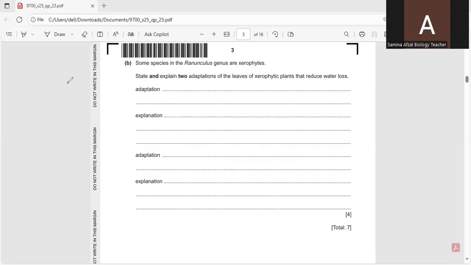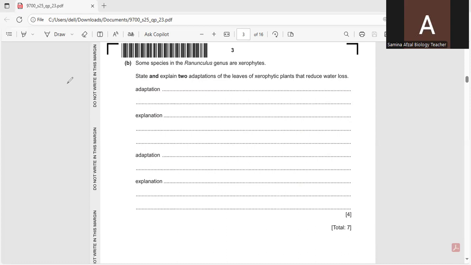Another is reduced leaf surface area, where leaves are modified to spines or needles, directly reducing the total area from which water can be lost. And hairy leaves, trichomes, trap a layer of moist air, reducing airflow and the water potential gradient, similar to sunken stomata. I have to write only two adaptations. I have told you many, and I will write all, but in the given space I will try to write only two.